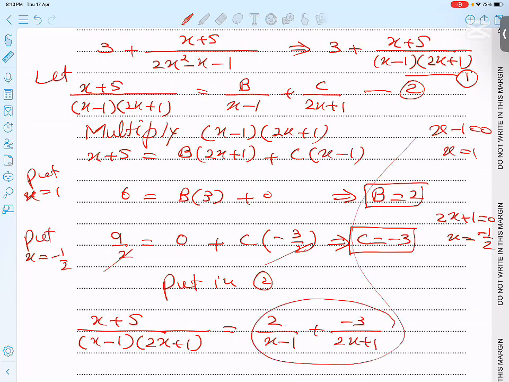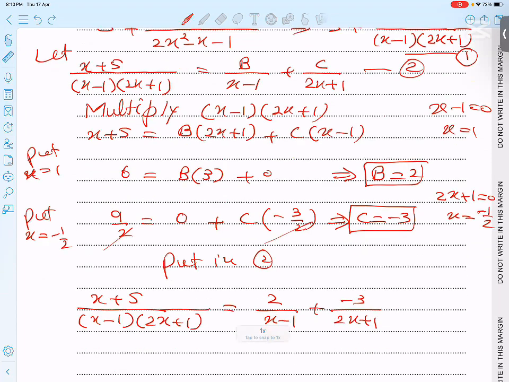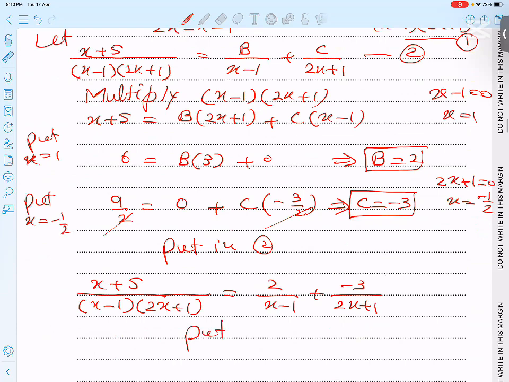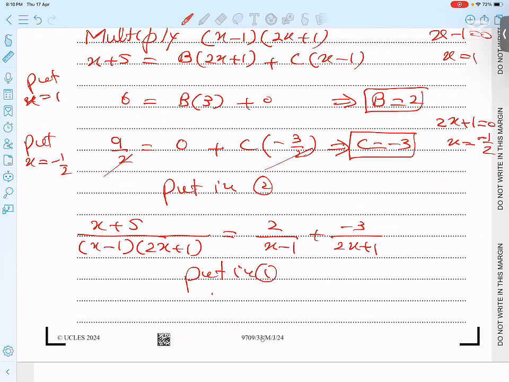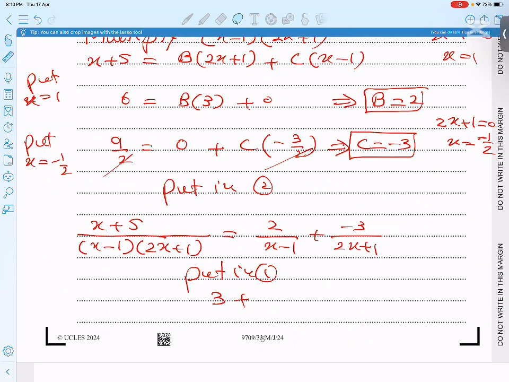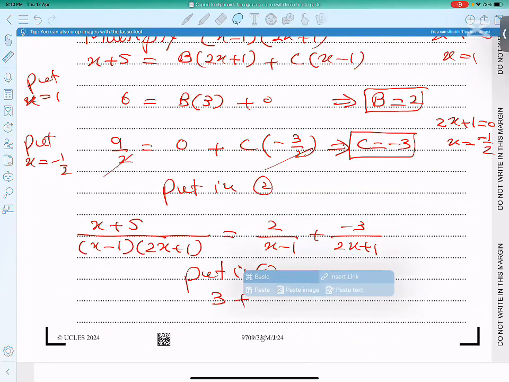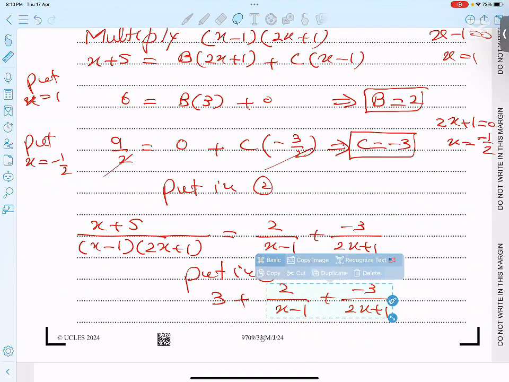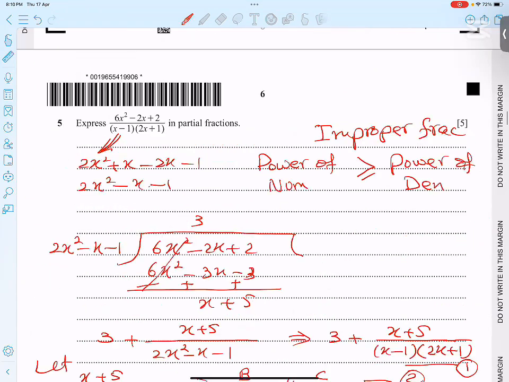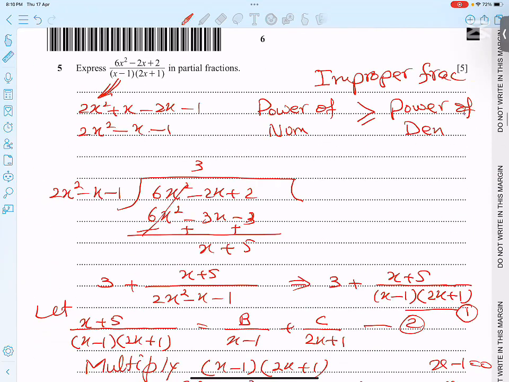Now this value, I'm going to plug in here and put in 1. So finally, I got 3 plus this whole thing. Copy and paste here. This is my answer for what? It is a 6x to power 2 over.